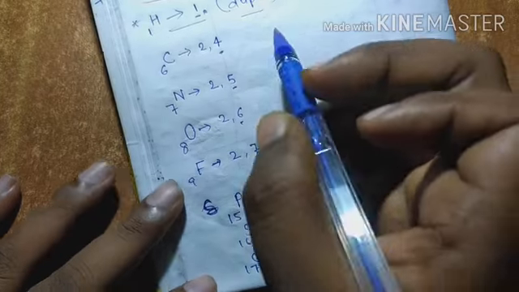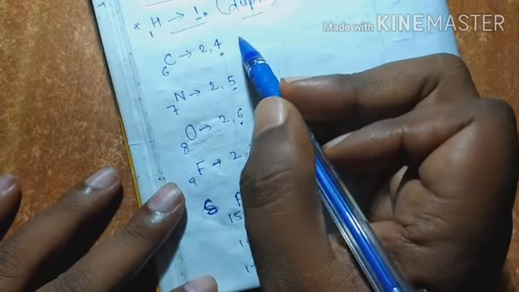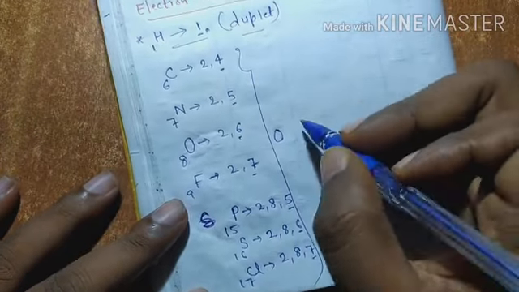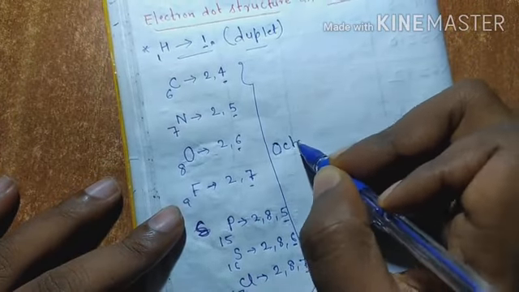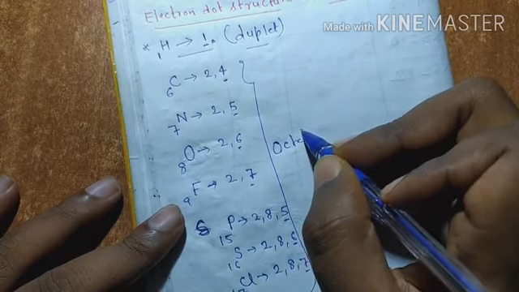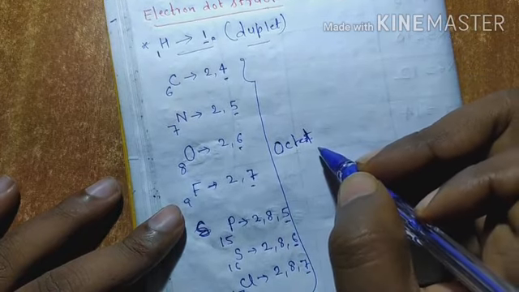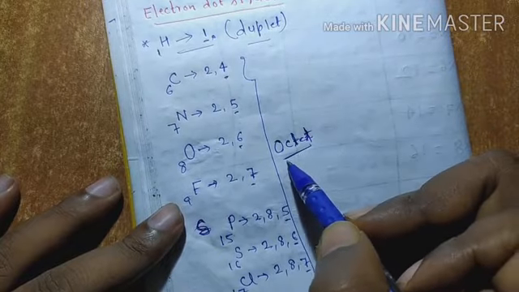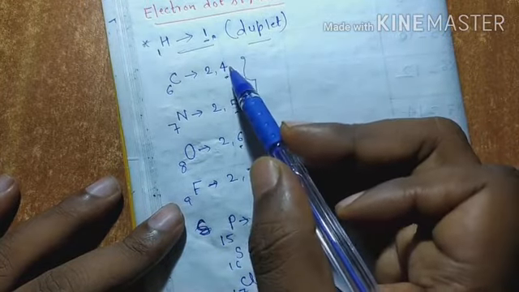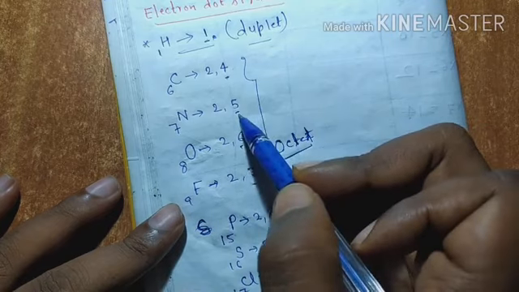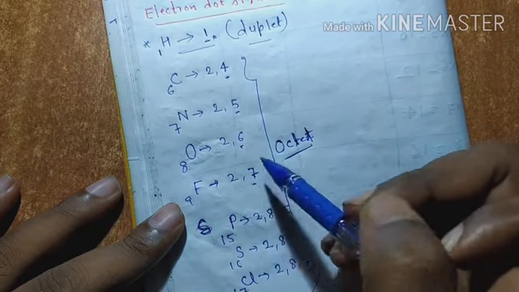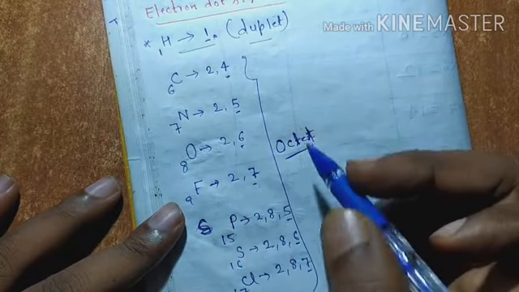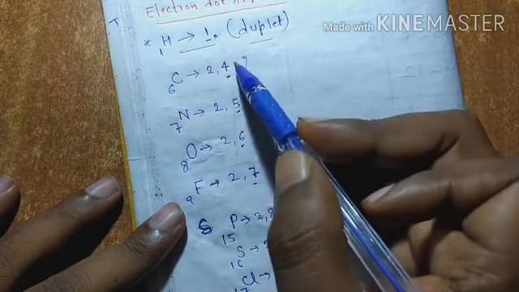So these all form an octet, right? If there are 8 electrons in case of carbon, nitrogen, oxygen, fluorine, then all these atoms will be stable. These belong to the second period.